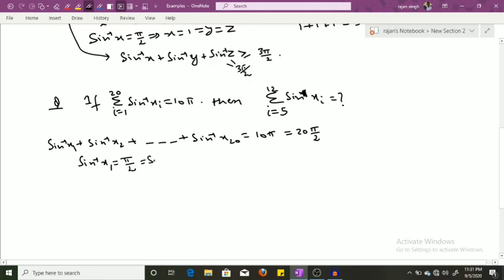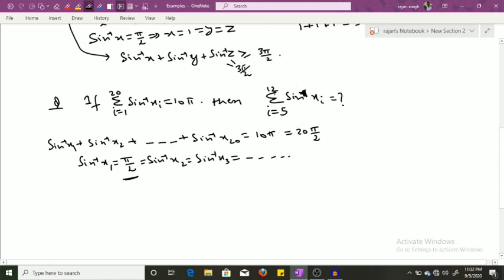That also sin inverse x2, that also sin inverse x3, means all of them should be equal to pi by 2, then only you will get 20 pi by 2. So what do we need? We have to add from 5 to 12. All the sin inverses have the same value, so we only have to add pi by 2 plus pi by 2 plus pi by 2, right?